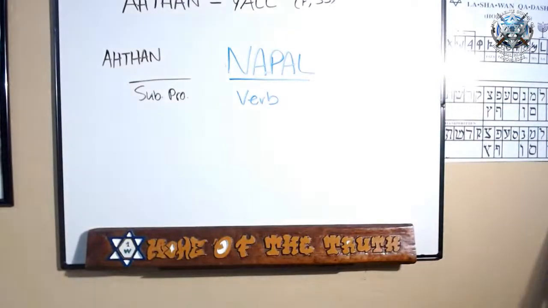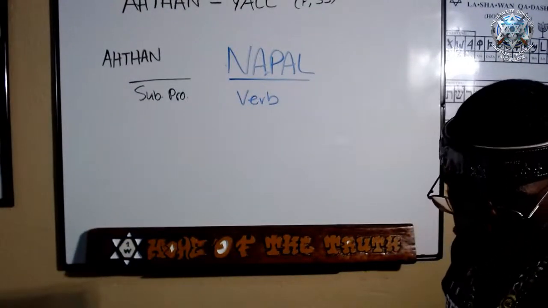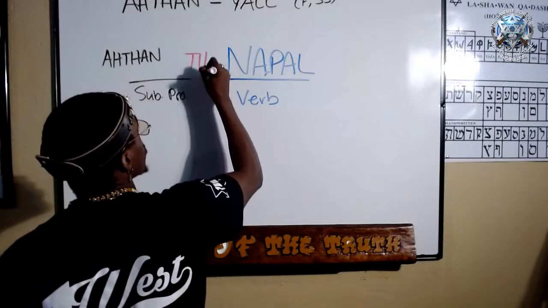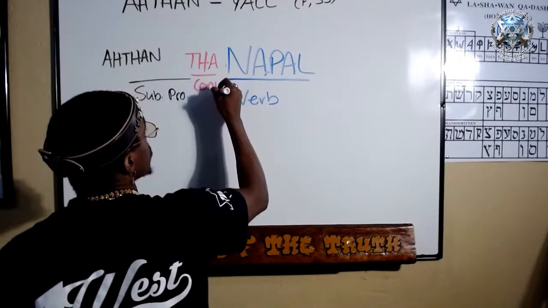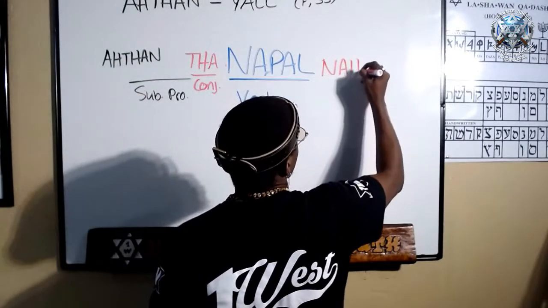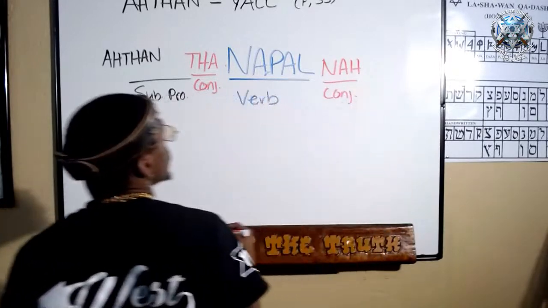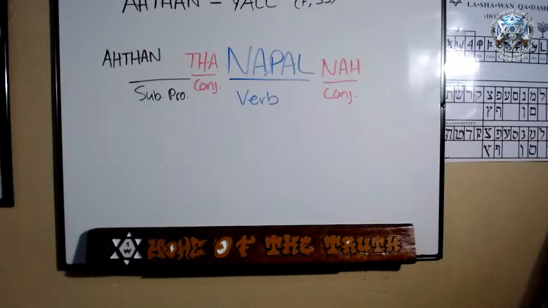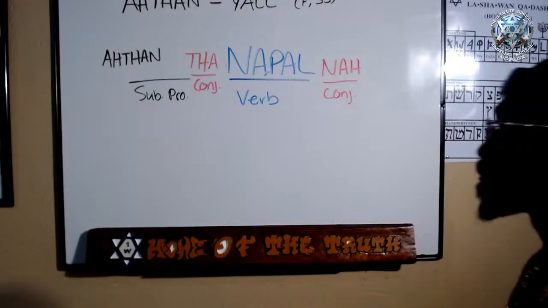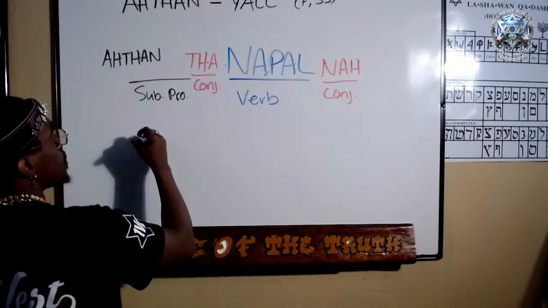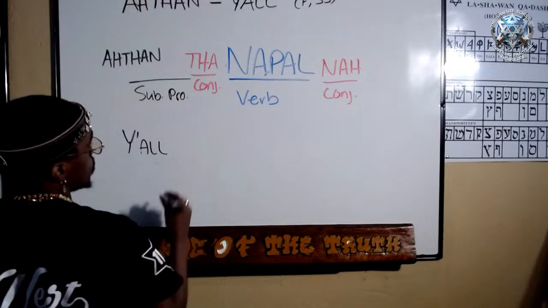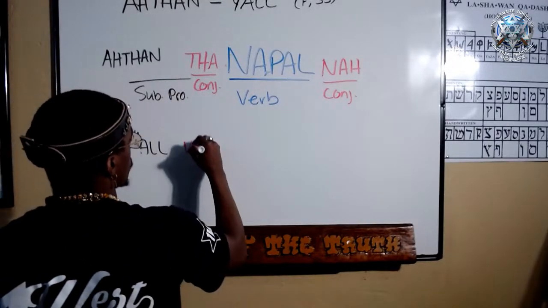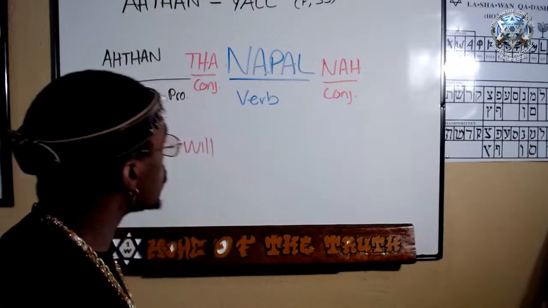To conjugate the verb napal with "aten," which is y'all, feminine, we add a "tha" at the beginning, just like before, and a "na" at the end. Now we have "aten tha napal na." Aten tha napal na means y'all will fall.